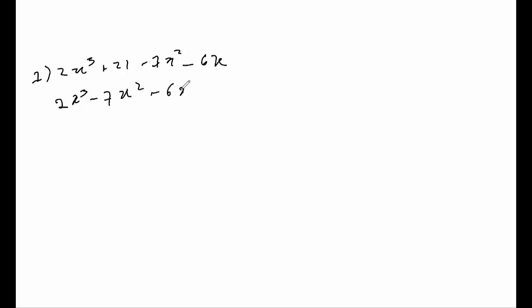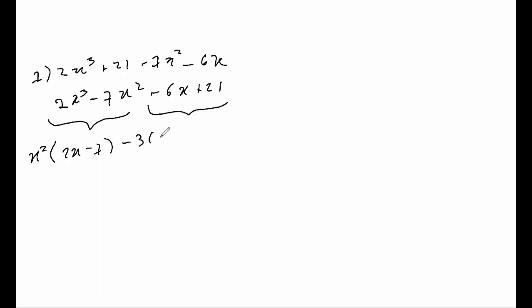minus 6x plus 21. So here's my first group and here is my second group. And then here for this one, I'll factor out x squared, and then 2x minus 7. And then here, again with the signs like I did before, I'm going to factor out the negative 3 and 2x.